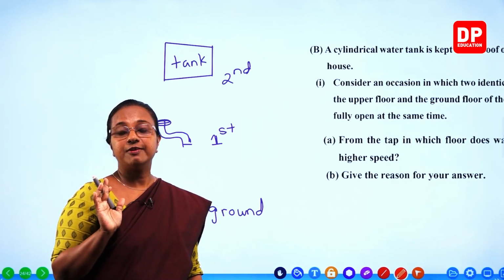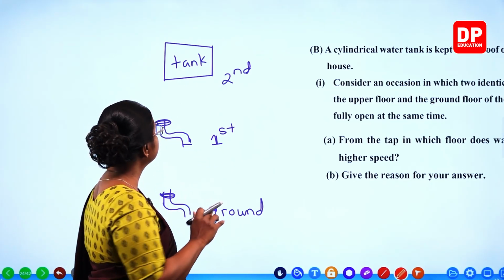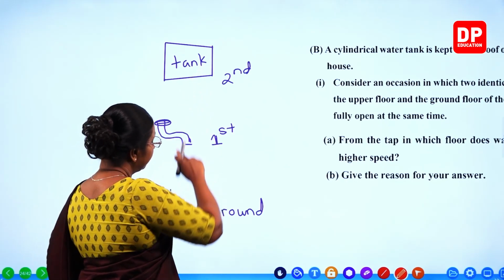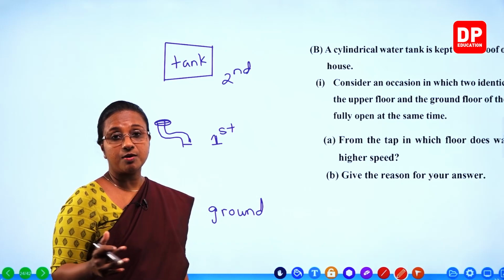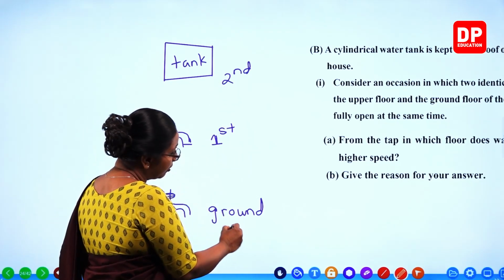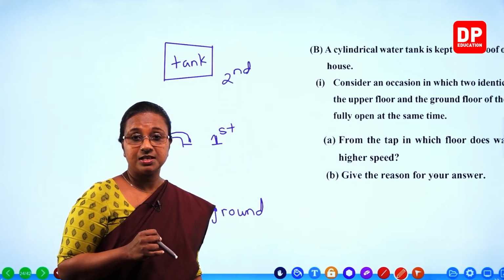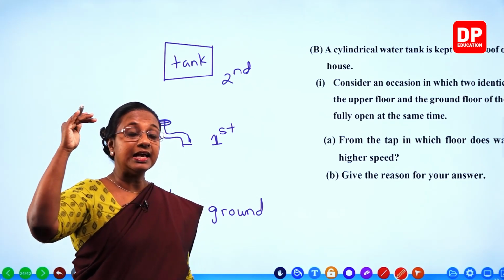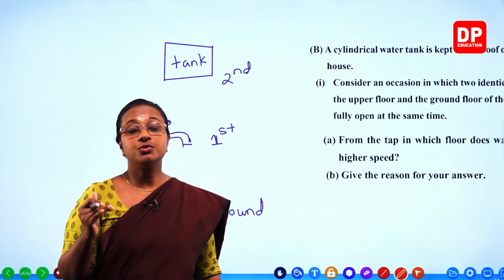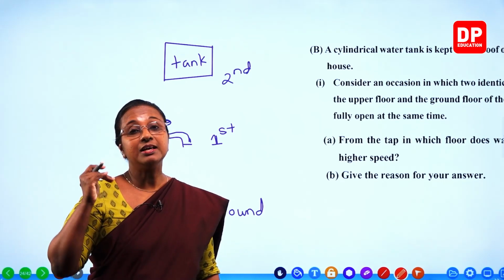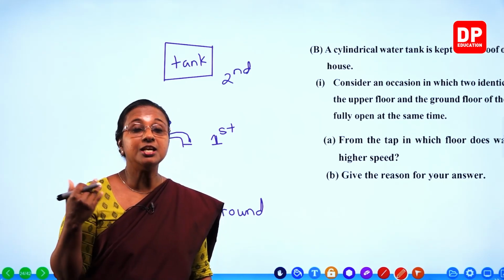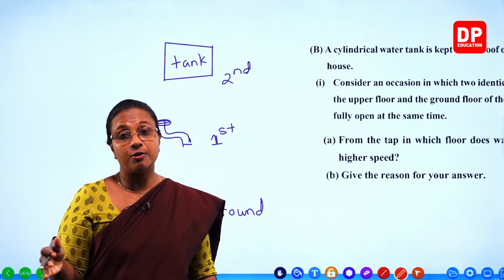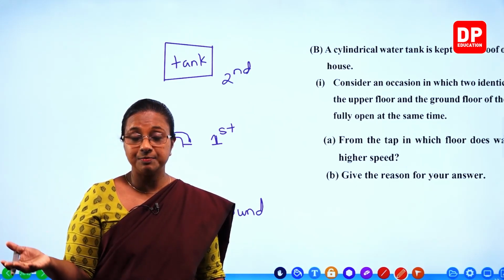Now what is the difference there? If you consider the height from the tank to the 1st floor and the height from the tank to the ground floor, you can obviously see as you go down, the height increases. So what will vary? Normally we have the tank at a higher elevation so that the pressure will be greater or the potential energy will be greater, so that it is easy for the water to flow down. It will flow down with a higher pressure.